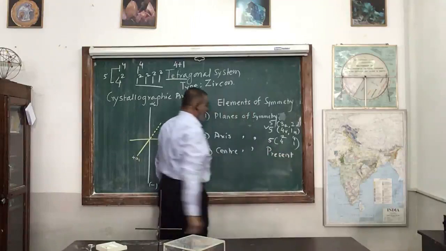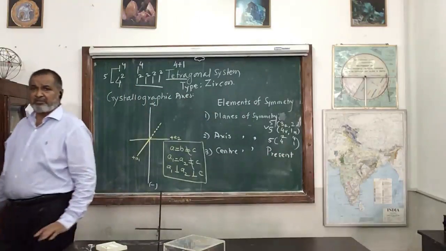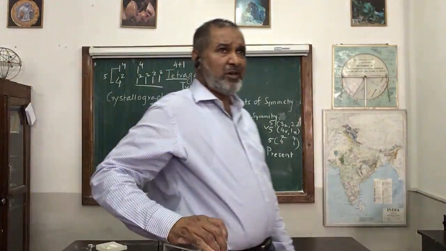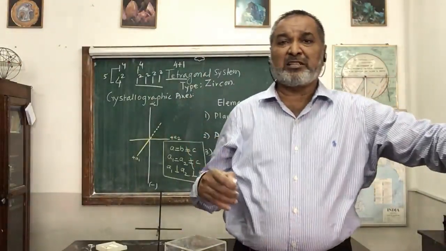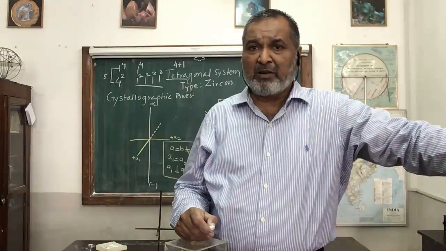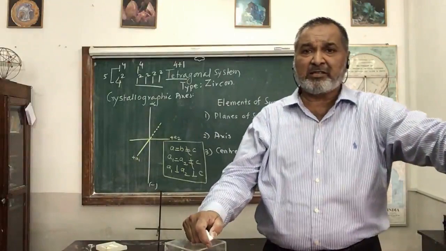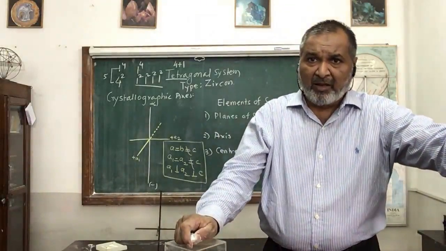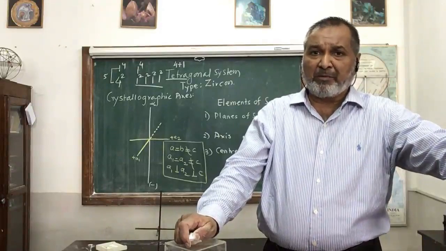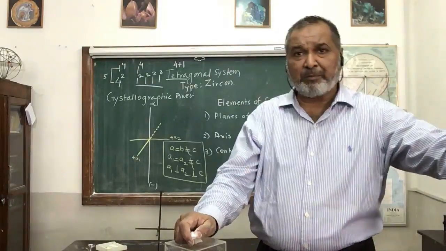The second part of this tetragonal system, zircon type, is where we have seen the elements of symmetry. The first part is about its crystallographic axes. There are 3 axes, A1, A2 and C. A1 and A2 are equal in length, and C is the longest one. A1 and A2 are interchangeable because both are equal and perpendicular, and all 3 axes are perpendicular.